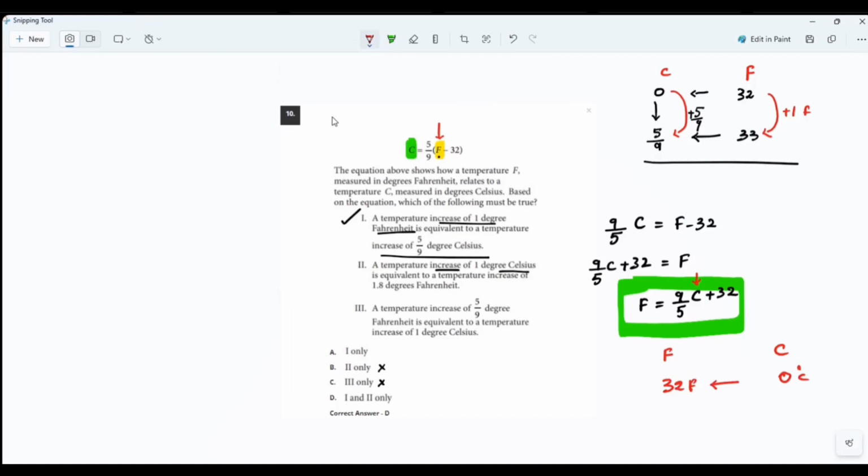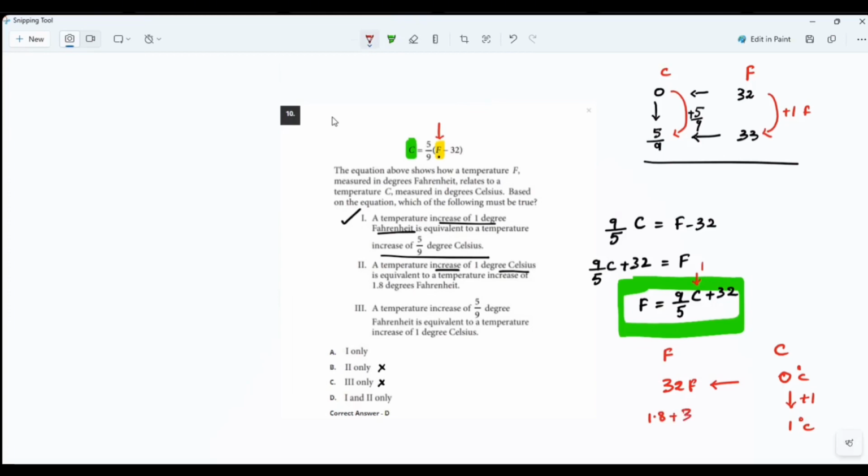If I increase it by 1, that's what he's trying to say. Increase 1 degree Celsius, so substitute 1 here. What do I get? 9/5 times 1. What is 9/5 in decimal, by the way? That is 1.8, times 1 is simply 1.8, and then plus 32.